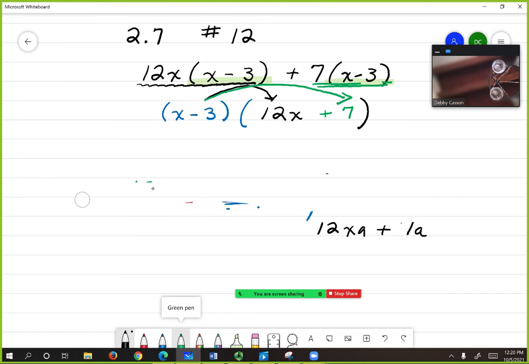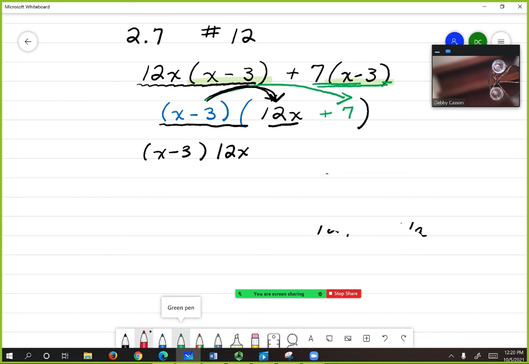We're not used to distributing things this way, but it's not a bad practice. So if I take my x minus 3 and multiply it by 12x, I get x minus 3 times 12x. That's this first part. Then I distribute again and multiply that x minus 3 times 7.